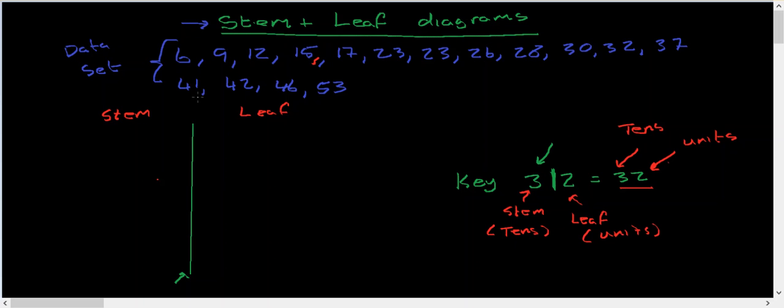So let's see how we will go about placing these. Let's look at the number 6, for example, and I'll just do this for a few of them. Let me make this a little bit smaller.